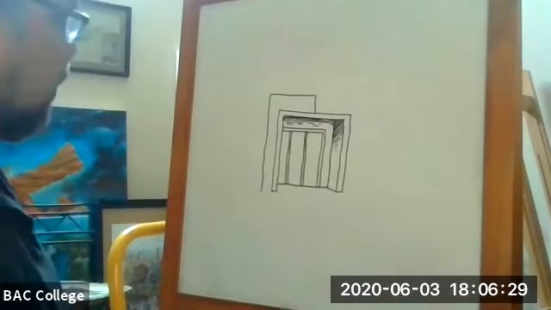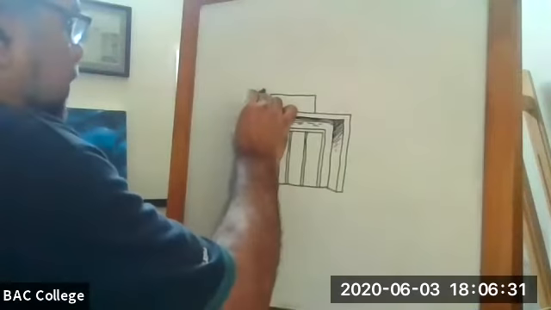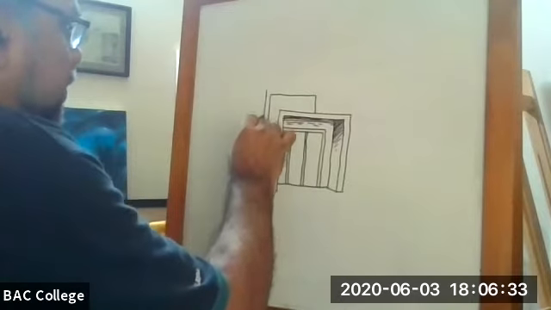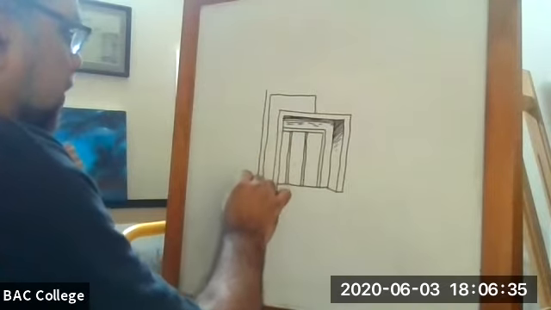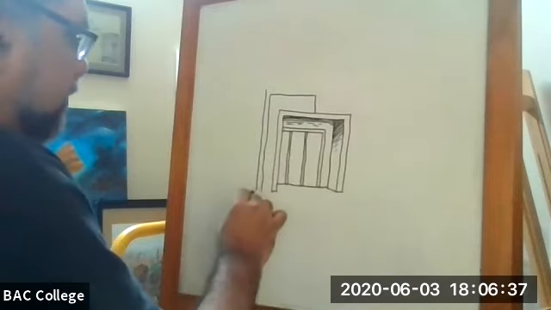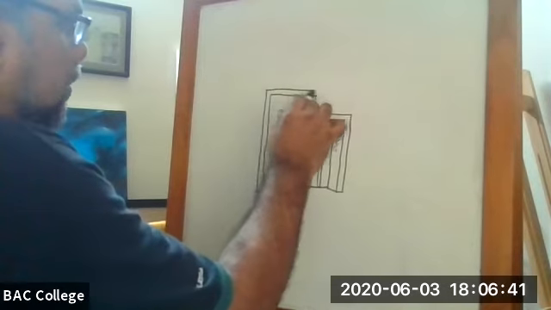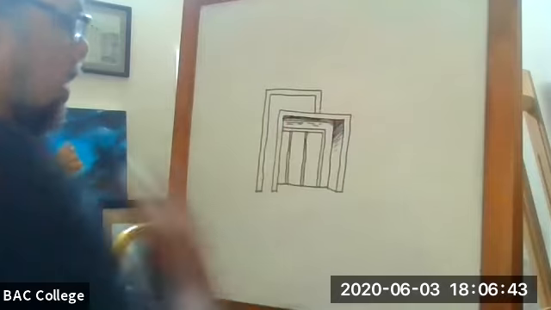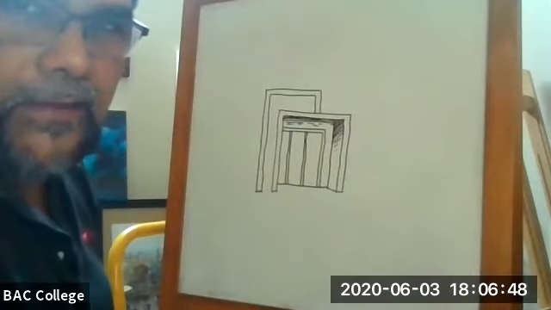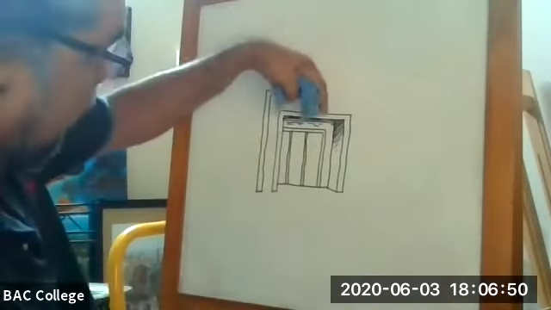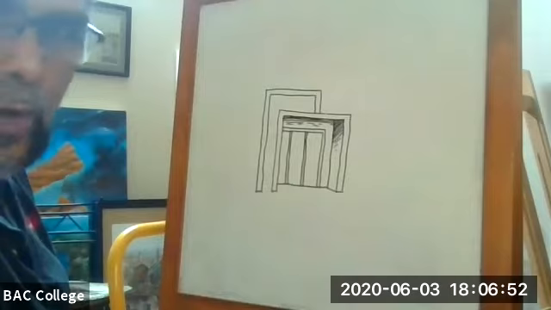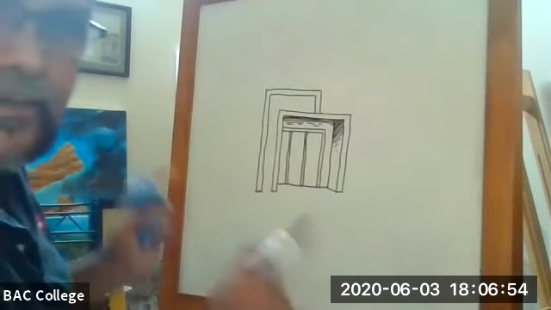Okay, and then right next to it you draw another line just like what we did just now. Okay, so you got that. It's like a hook, like that, and like that. It's like a little hook.